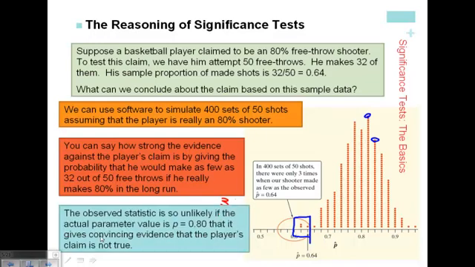All right. So, the observed statistic, meaning what Jason saw me do with those 50 shots, seems to be very unlikely given the assumption I'm an 80% shooter. So what do we think about the 80% shooter claim? It's false. The small probability is the evidence against that claim.